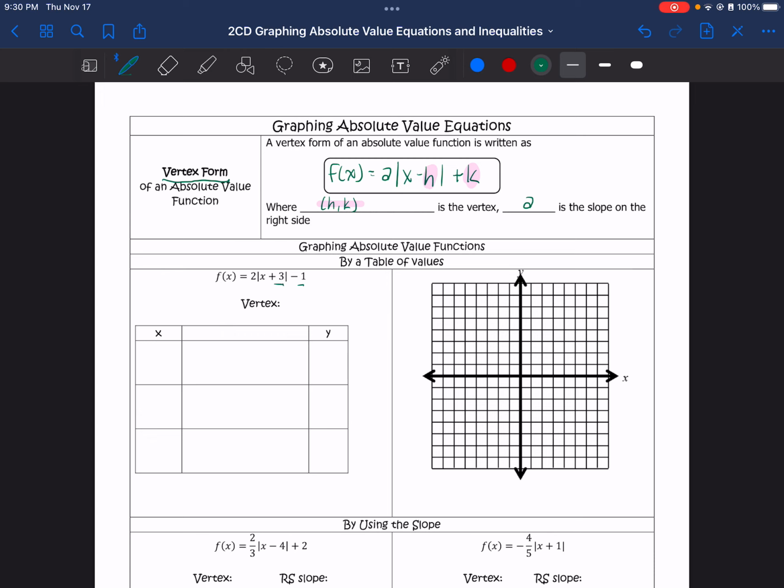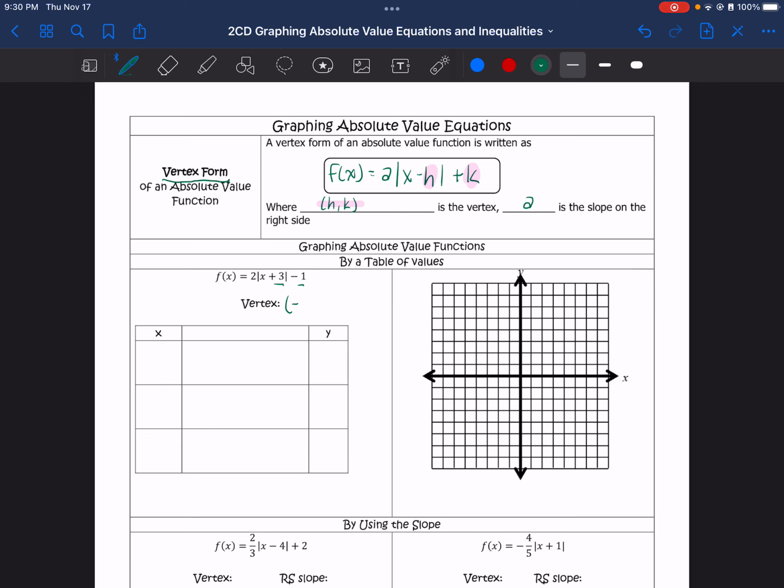Well, if we look back at our general formula, we had a minus and a plus here. This x minus h happens when h is positive, and this plus k happens when k is positive. So if it is a plus h in our formula, we know that our x value of our vertex is going to be a negative number.